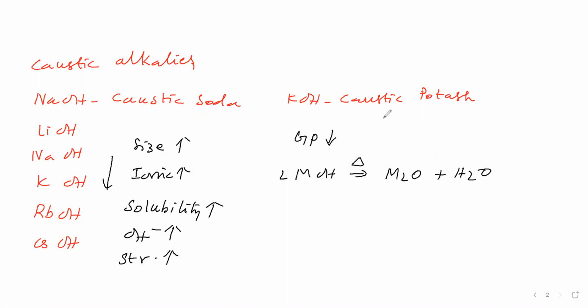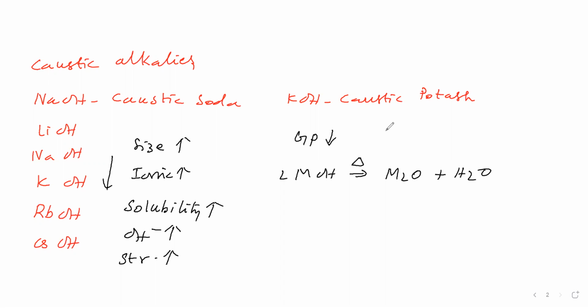Down the group, size of alkali metal ion increases, so ionic nature increases, solubility increases, dissociation extent increases, so concentration of hydroxide ion increases, so basic strength increases. Alkali metal hydroxides are thermally stable, therefore on strong heating they decompose to give alkali metal oxide and water.